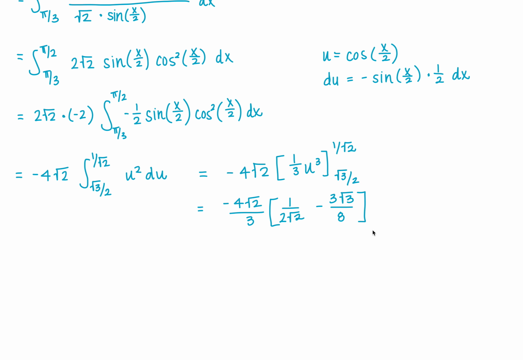Now there's a couple ways you could go about doing this next part here. I'm just going to walk through it and just write the answer. When I take my -4 square root of 2 over 3 times the first term, the square root of 2's will cancel, and the 2 in the denominator cancels with the 4 in the numerator here, leaving me with just a -2/3.